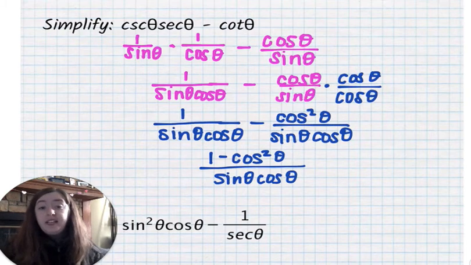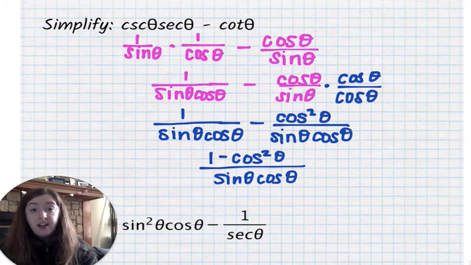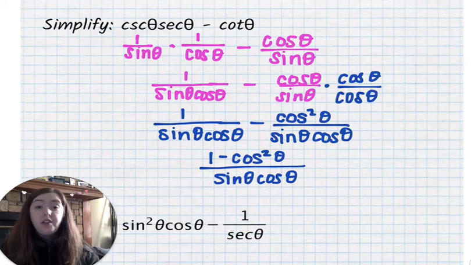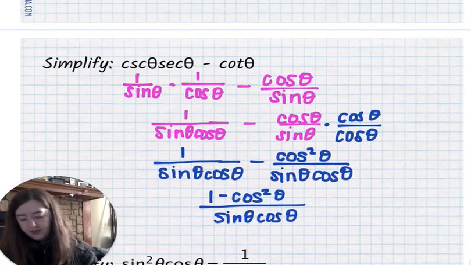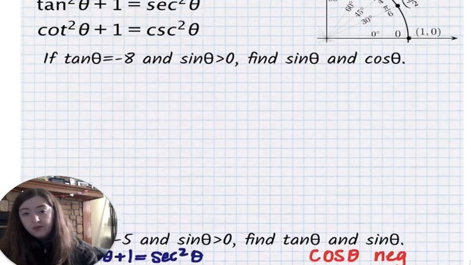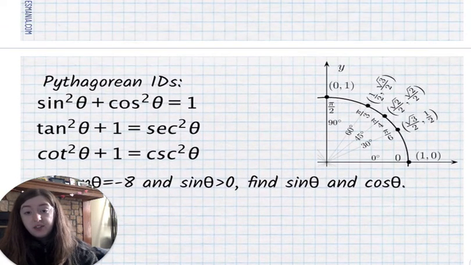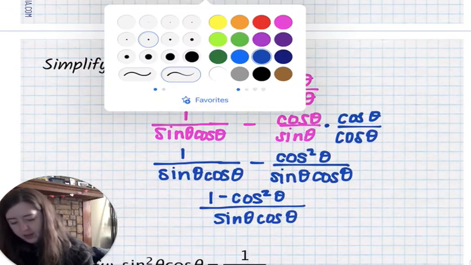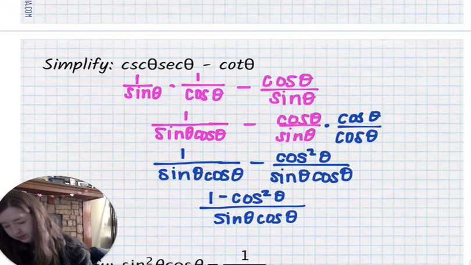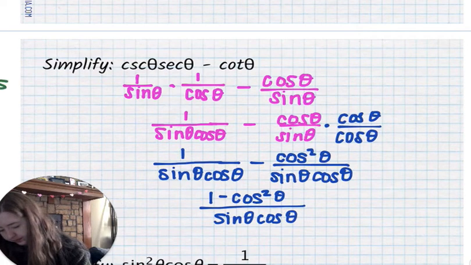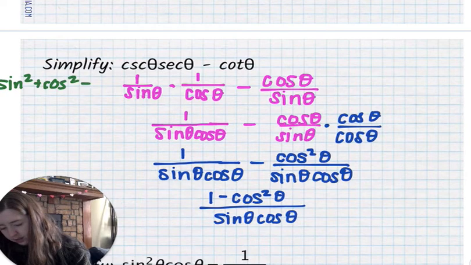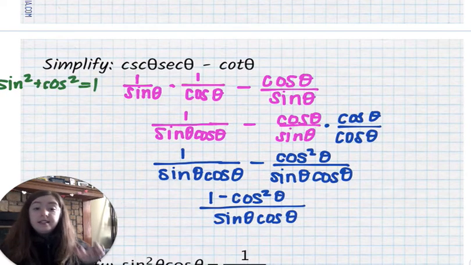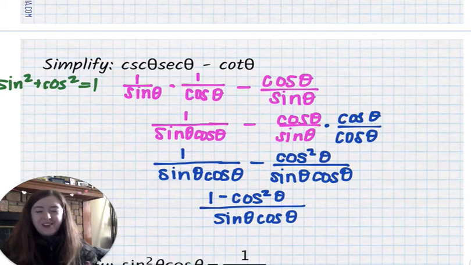Whenever you see a trig squared and a 1, you should be looking for your Pythagorean identities. So we have sine squared plus cosine squared equals 1. Woo, so we're going to use that to help us. Inside of what we're trying to simplify, we have 1 minus cosine squared.